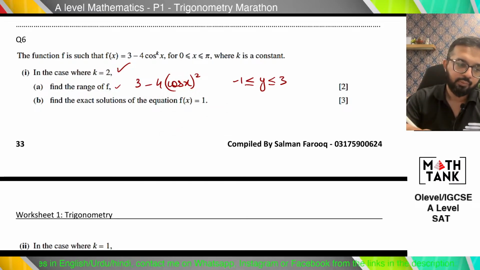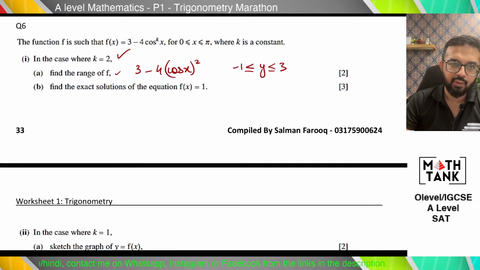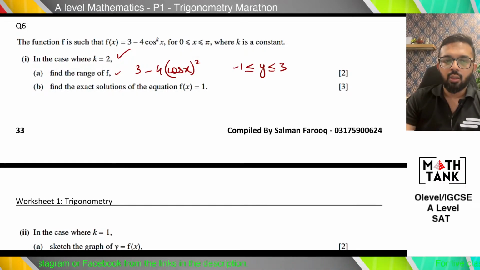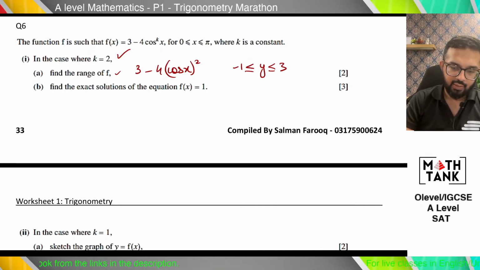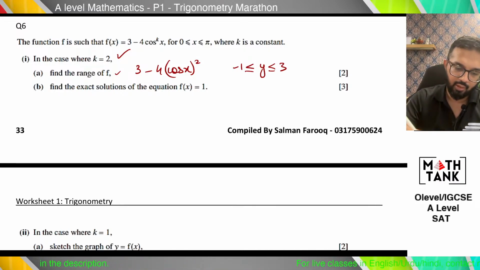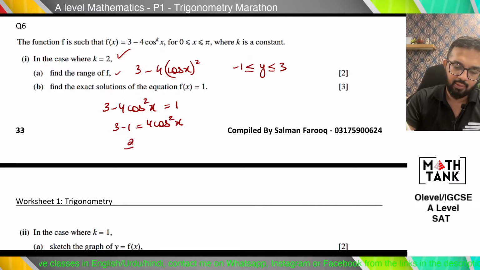Okay, moving on, it says find the exact solutions of the equation f of x equals 1. So 3 minus 4 cos square x equals 1. 3 minus 1 equals 4 cos square x. 2 over 4 equals cos square x.